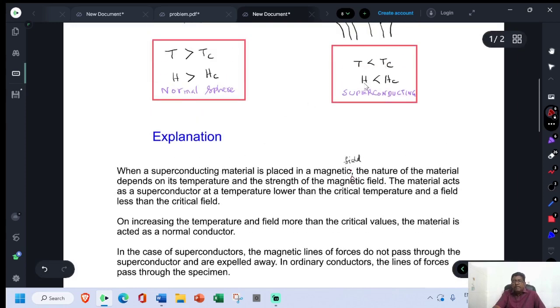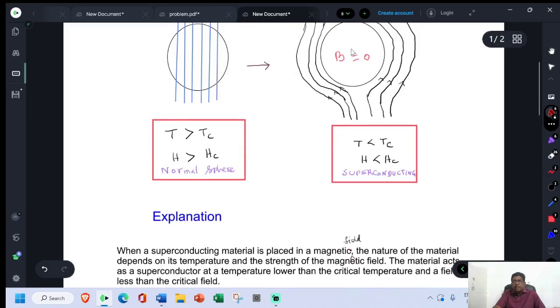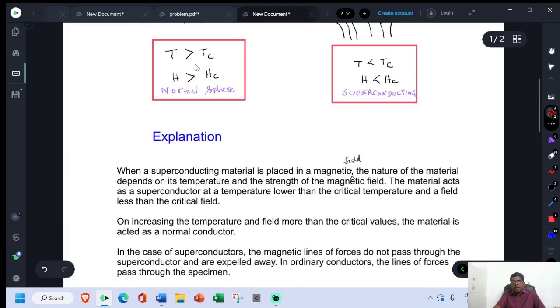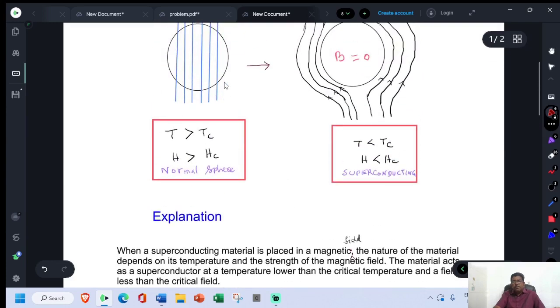T less than Tc, H less than Hc, it is a superconductor. On increasing the temperature and the field more than the critical values, the material acts as a normal conductor. Say T greater than Tc, H greater than Hc, normal state.